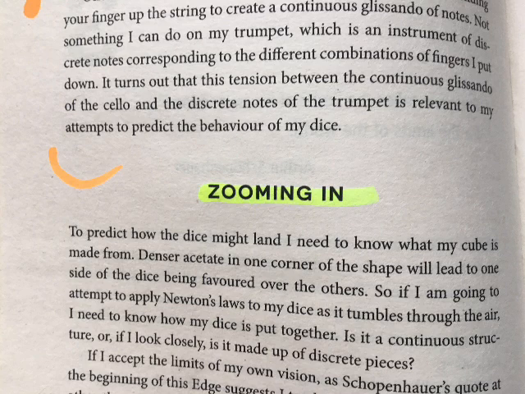Current electron microscopes allow me to zoom in another 10 times closer, at which point I might start to see carbon and oxygen atoms that I know are some of the ingredients of the acetate from which my dice is made.